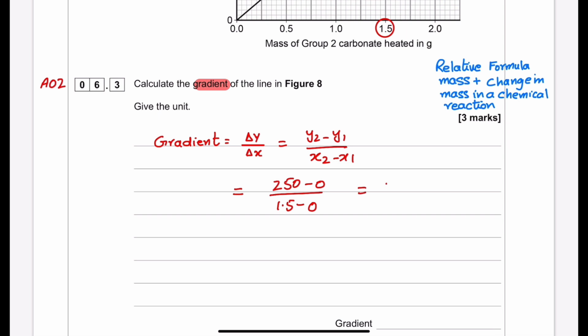So the answer is 250 over 1.5, which is equal to 166.666 cm³ per gram, or you can write it as 167 cm³ per gram.